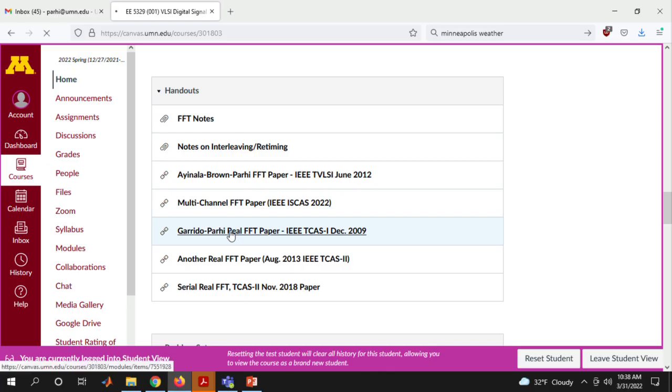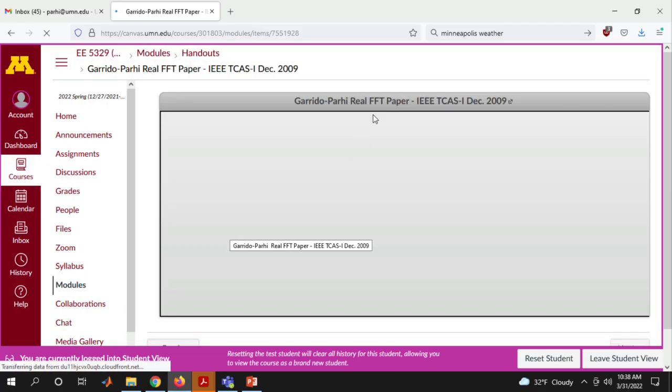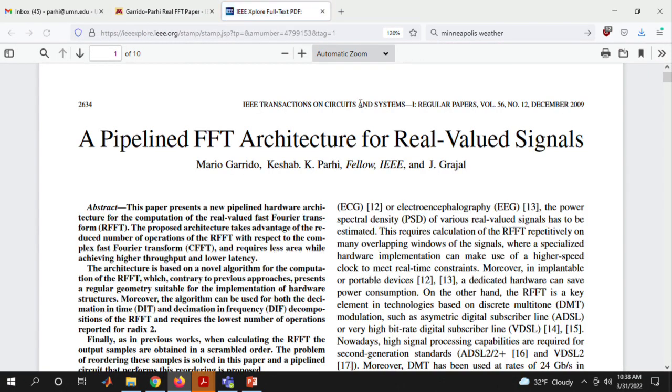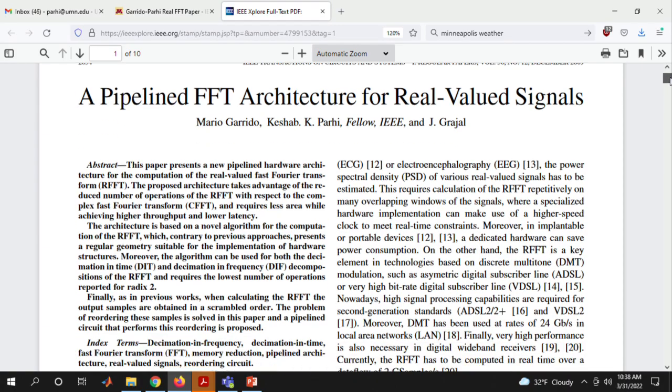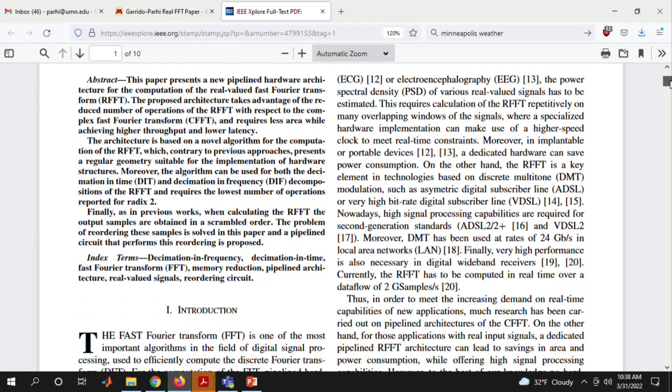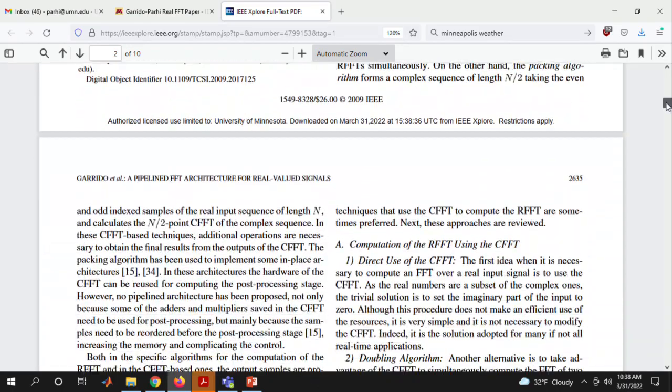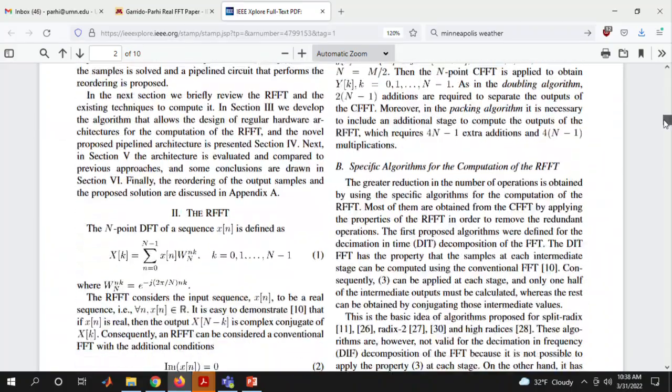So he did some very interesting work, and I think the idea is trivial as always after the fact. But let me just briefly explain to you what is the optimization process of the real FFT.